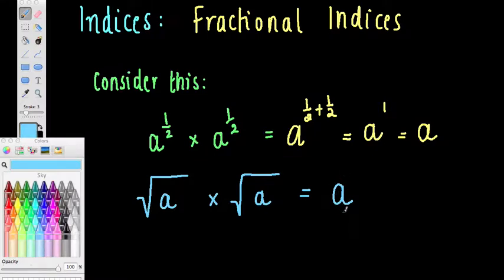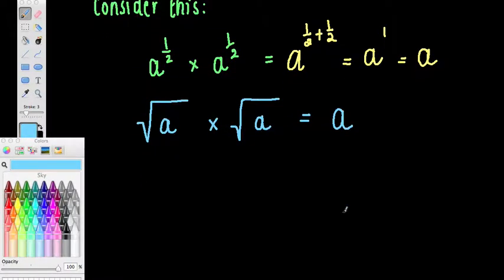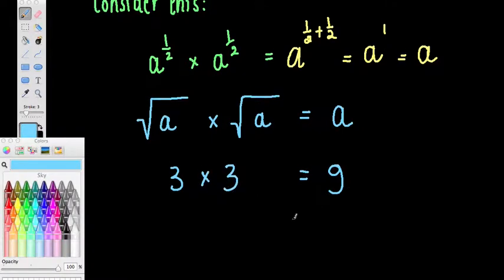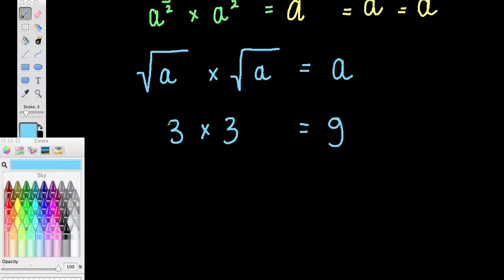Let me use some numbers in this just to make it a little bit more clear. Just say I gave you the number 9 and I said to you, what number multiplies by itself to give you 9? And you would say to me, oh, well, that's 3. 3 times 3 is 9, isn't it? What you're essentially giving me when you tell me the number 3, you're giving me the square root of 9.